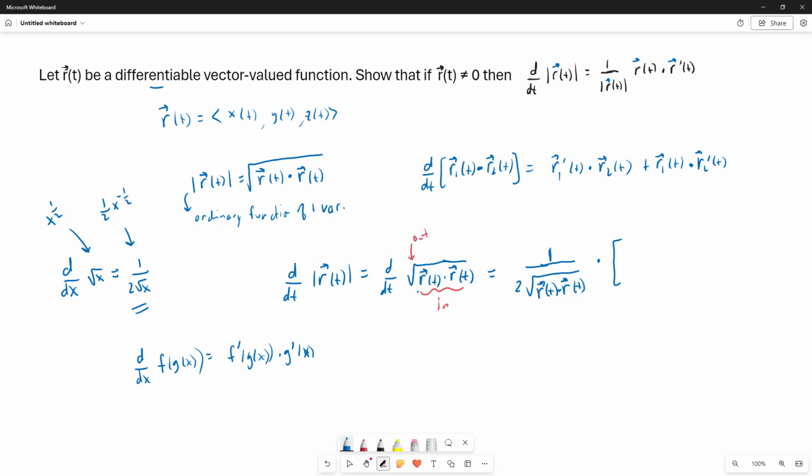And that's what we're about to compute next, the derivative of the inside. And the derivative of r dot r, we'll use this product rule here, where R1 is just R and R2 is also just R. So we get r prime dot r plus r dot r prime.